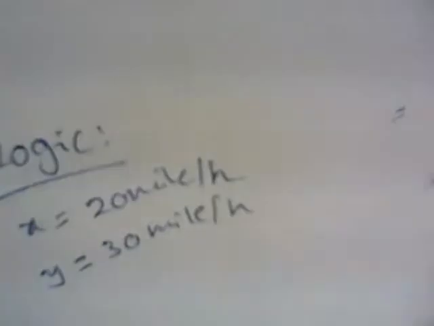The logic for this sum is: two speeds are there, 20 miles per hour and 30 miles per hour. This is the first trip speed and this is the second, the return trip speed. We need to find out the average speed.